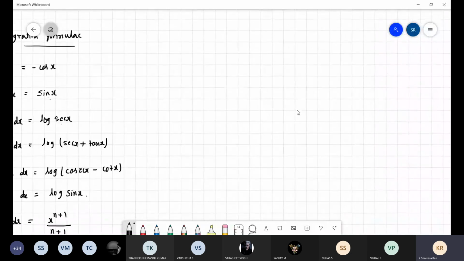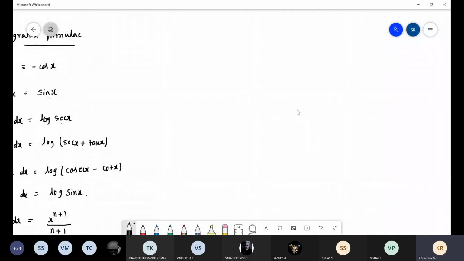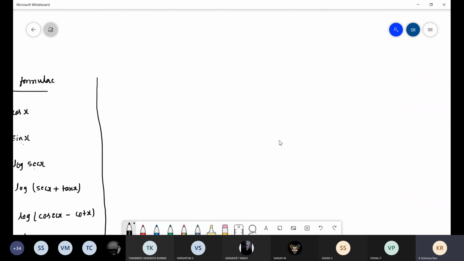Integration is there in the formula itself, therefore I have given these procedures. Just take down: variation of parameter.